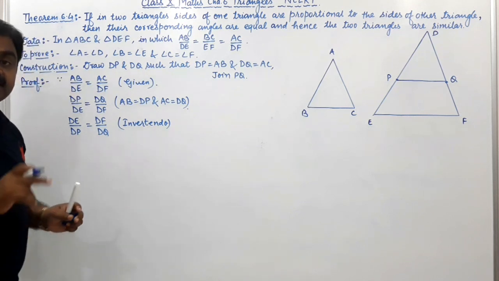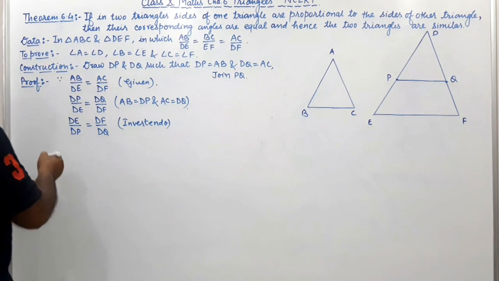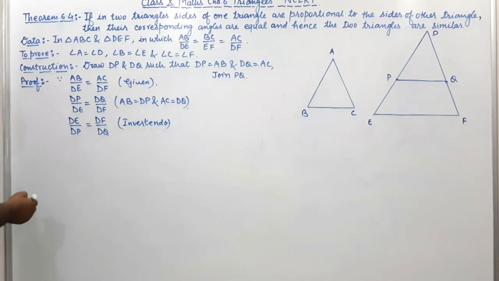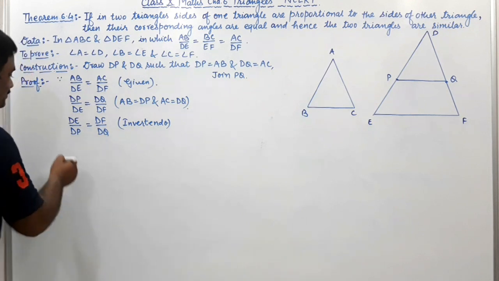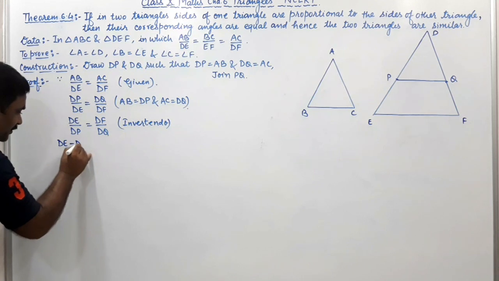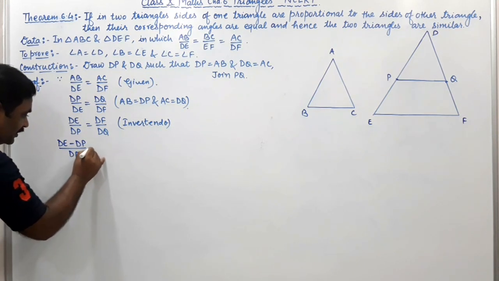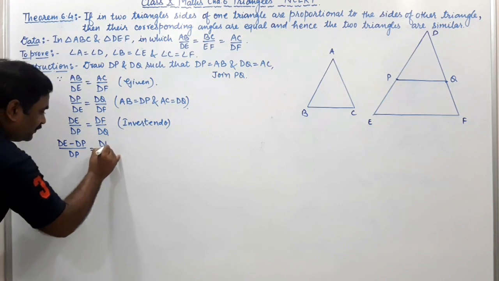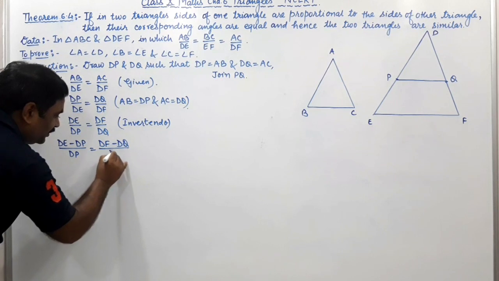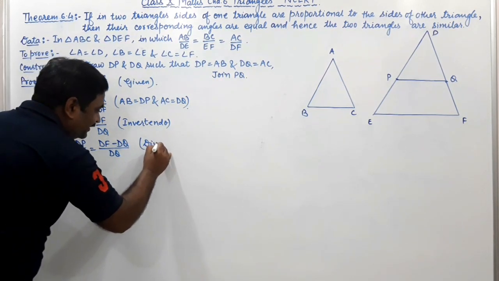Right friends? Okay, now subtract 1 from both sides. 1 minus कर देते हैं. So when you subtract 1, the dividendo rule is applied. So this can be written as DE minus DP upon DP equals DF minus DQ upon DQ. Which rule? Dividendo rule we have applied.